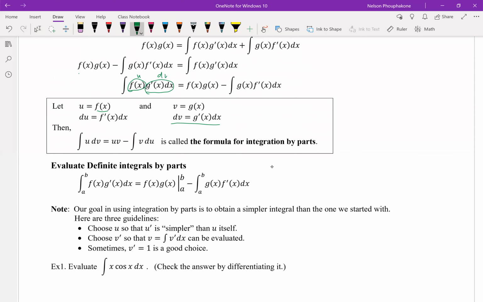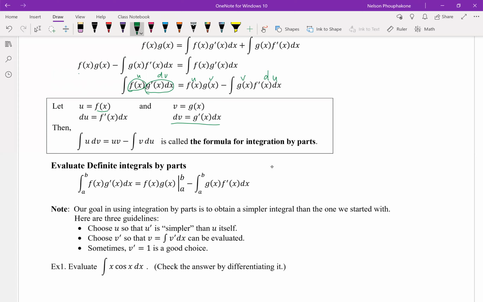In this case, we are going to have u times v, because again, if we use the antiderivative, v is equal to g of x, minus the integral of v du.